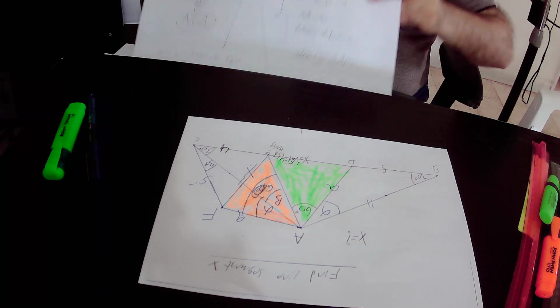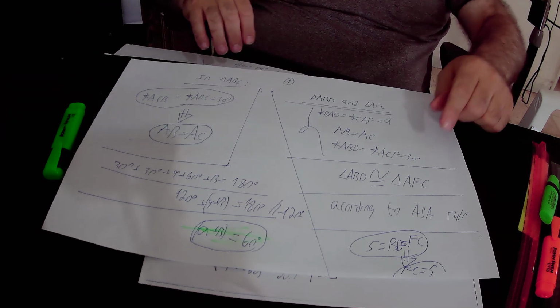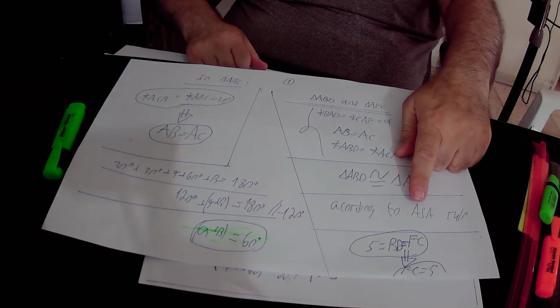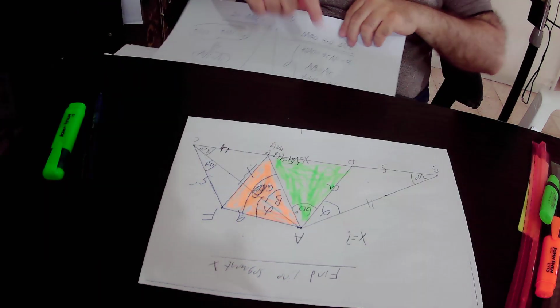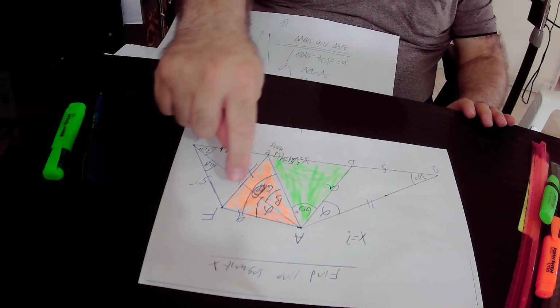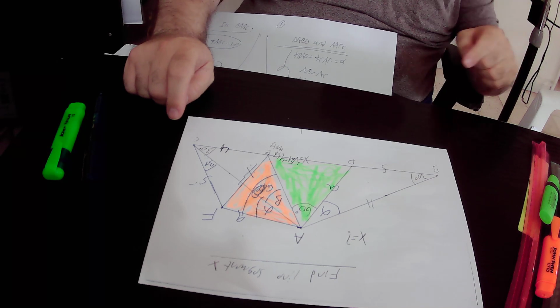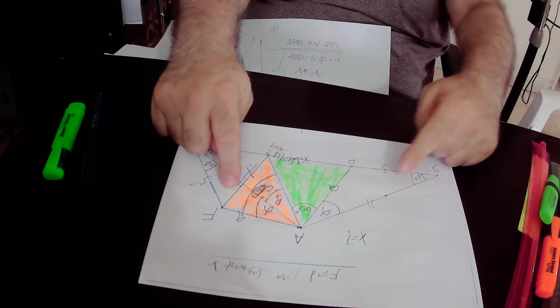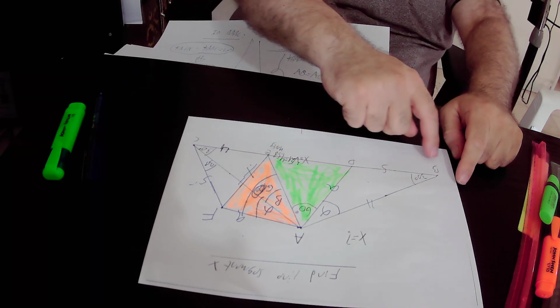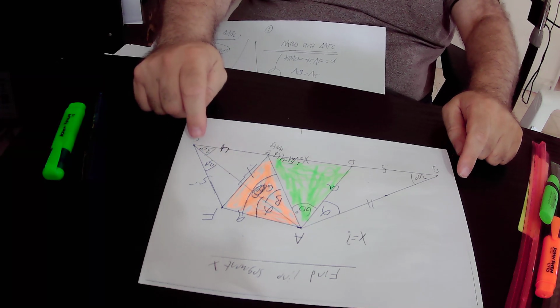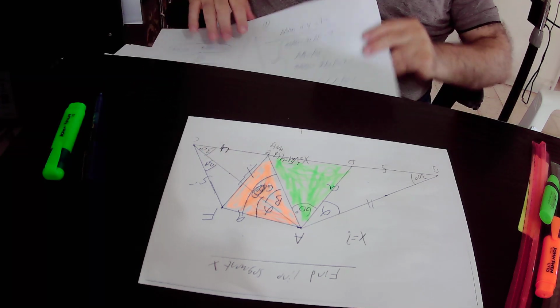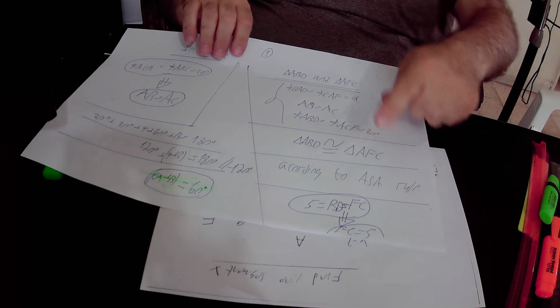And from this, we conclude that side BD equals side FC, according to the rule that corresponding sides in congruent triangles are equal to each other. Okay, here BD equals FC.